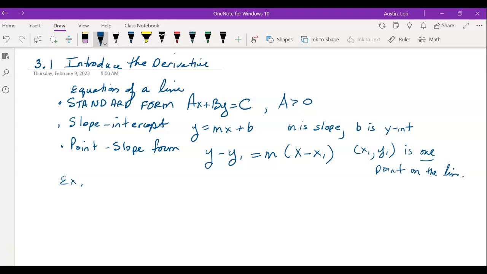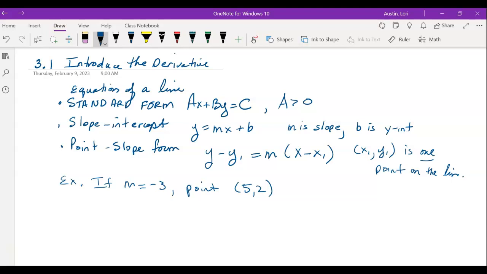Because ultimately what we are going to be doing today is finding these equations of a line. And I want to make sure you know how to do this part of the problem, which is kind of the last step. So if you have a slope of -3 and a point of (5, 2), so you know a point, you know a slope, you should be able to get an equation of a line.